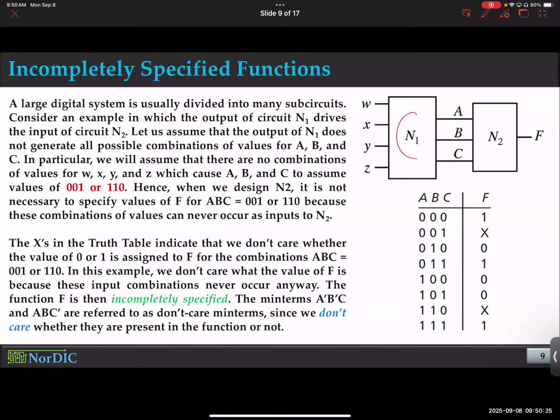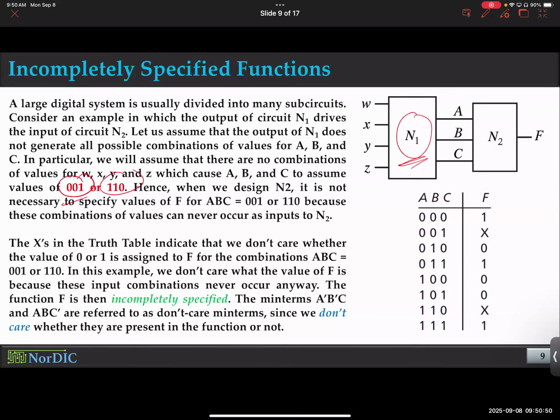Now imagine this logic gate N1 is designed in a way that certain output combinations will never appear. For the sake of example, this is taken from the textbook again. I try to stay with the textbook example so that you could easily refer back to the book and don't feel lost. They chose this example, 0, 0, 1 and 1, 1, 0.